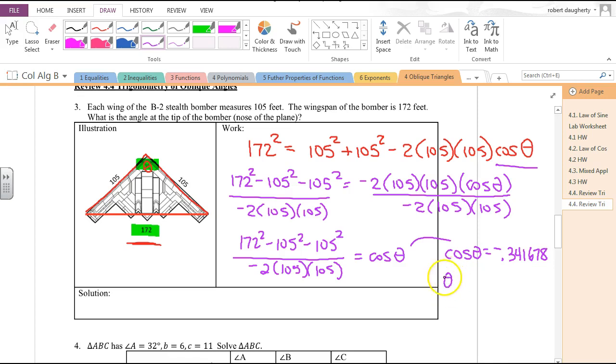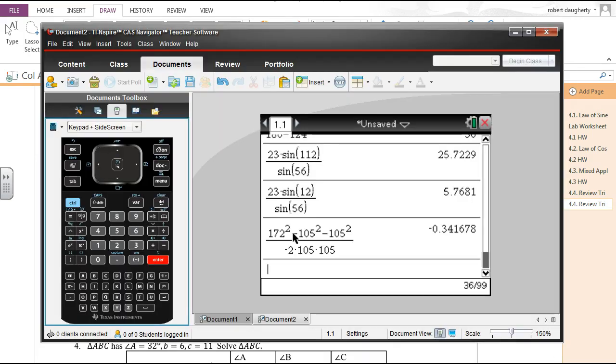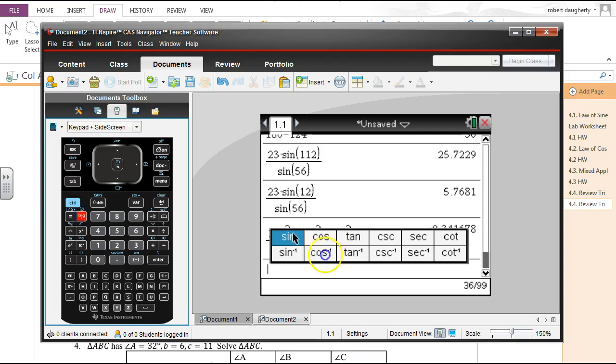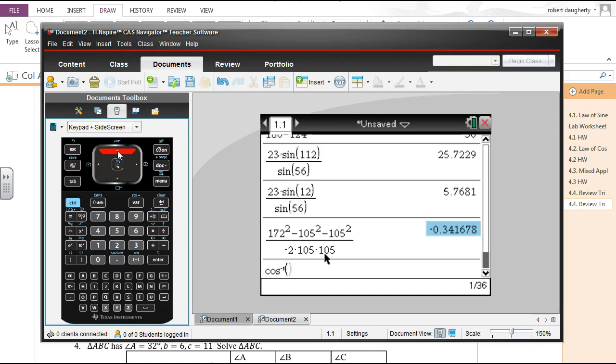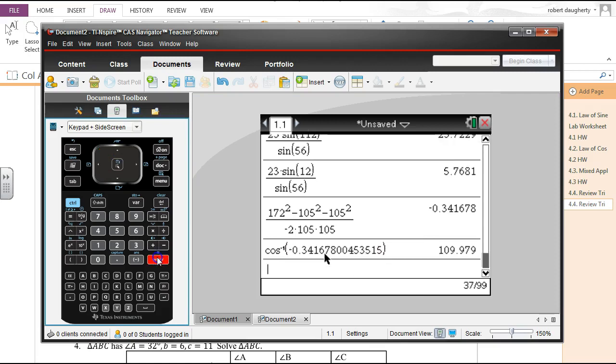That means that theta equals the inverse cosine of that number. In your calculator you can just say trig inverse cosine, and on this cursor I can just go up and grab that number right there and then hit enter, and I get 109.979.